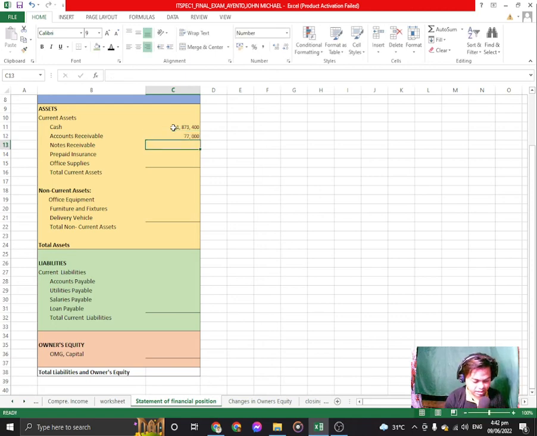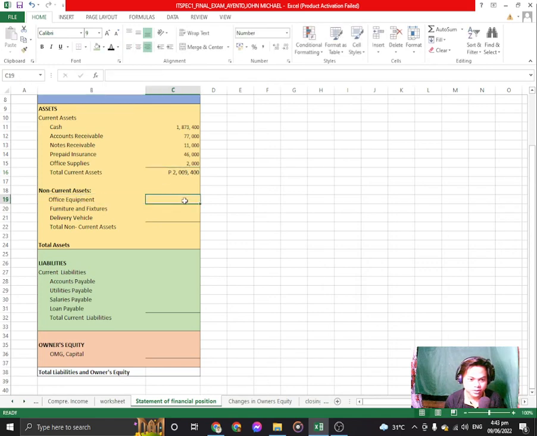Mamaya nabiling ko na, and 11,000 for the notes receivable. And then 46,000 for our prepaid insurance. 46,000 pesos. And then 2,000 pesos for office supplies. In a total current assets, we have the pesos 2,900,000 9,000 400. Okay.